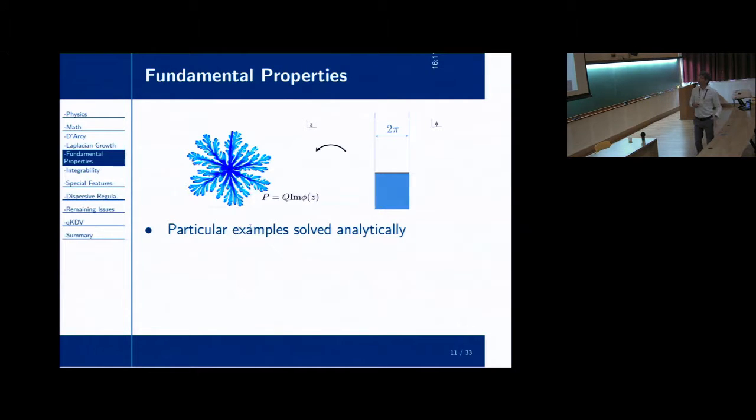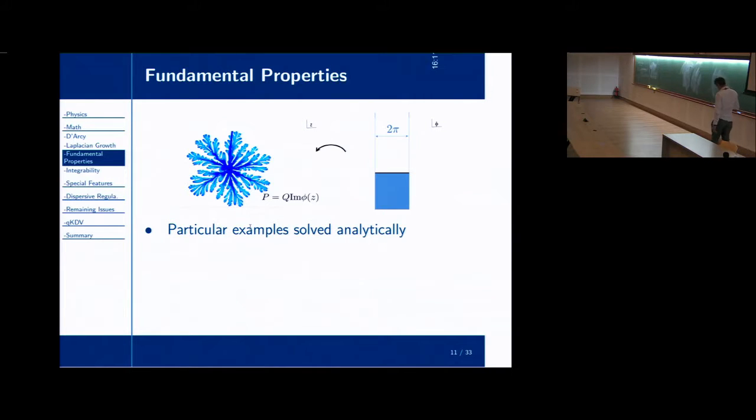In this way, you can solve particular examples of the problem, like an ellipse. A circle is solved. There's a certain Joukowski map, and certain shapes that are exactly solvable by this method.